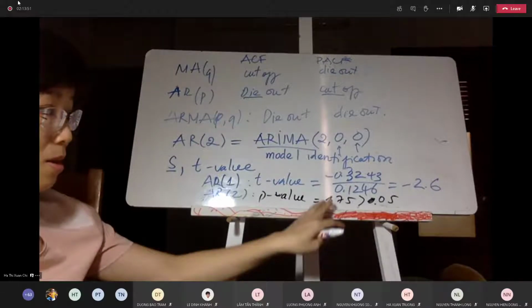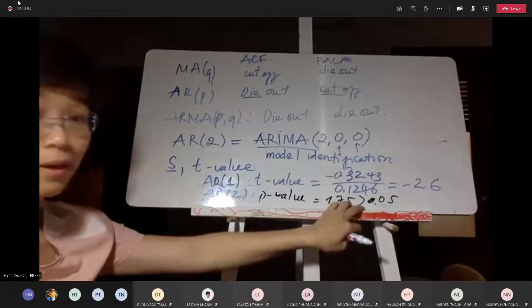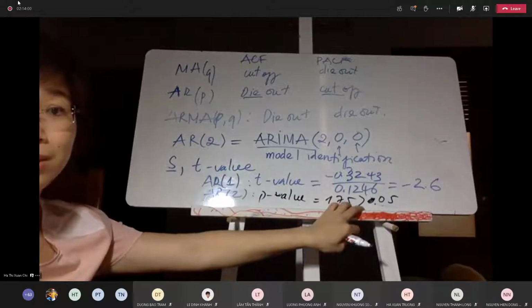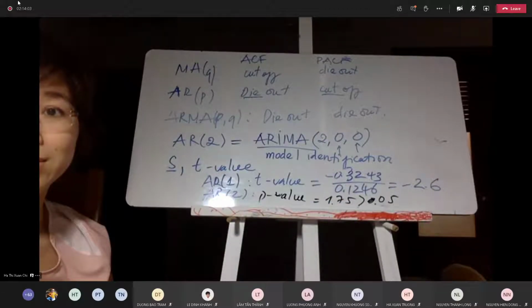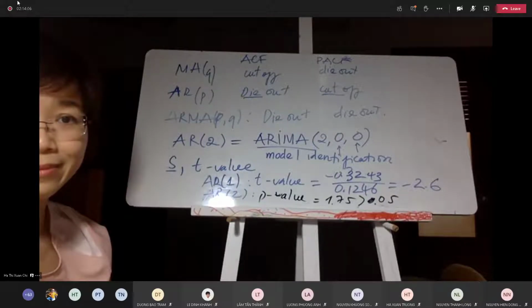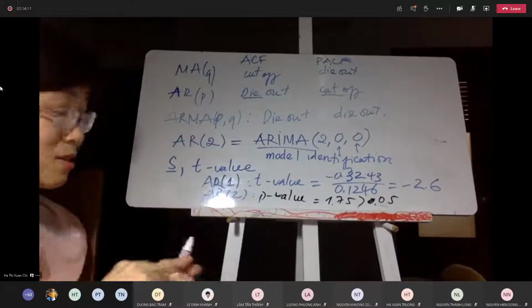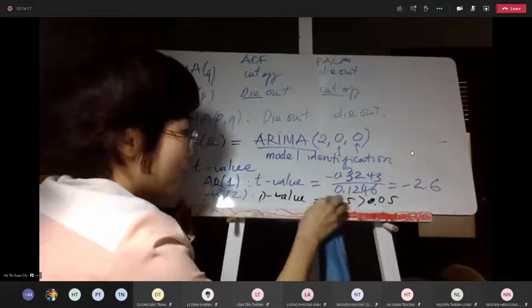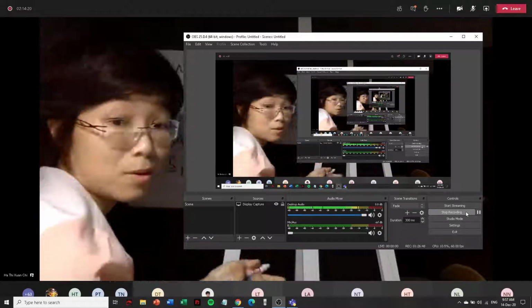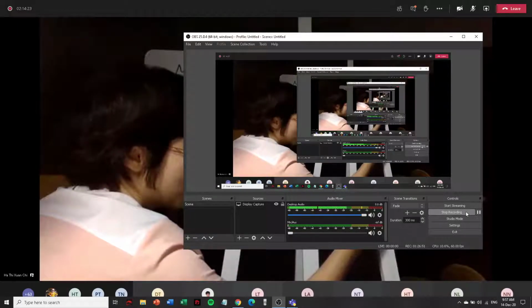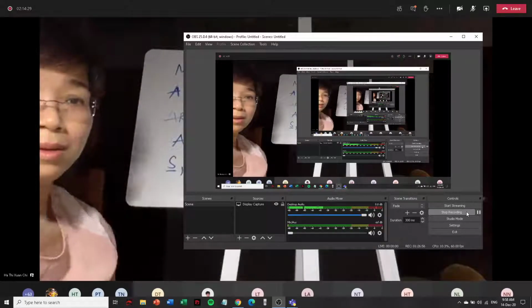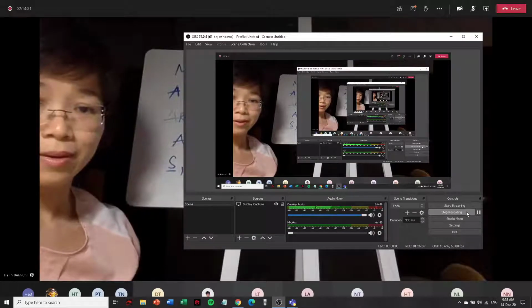That is the p value greater than 0.1 here. The p value here, yes, is 0.085. So eliminate or keep it back.